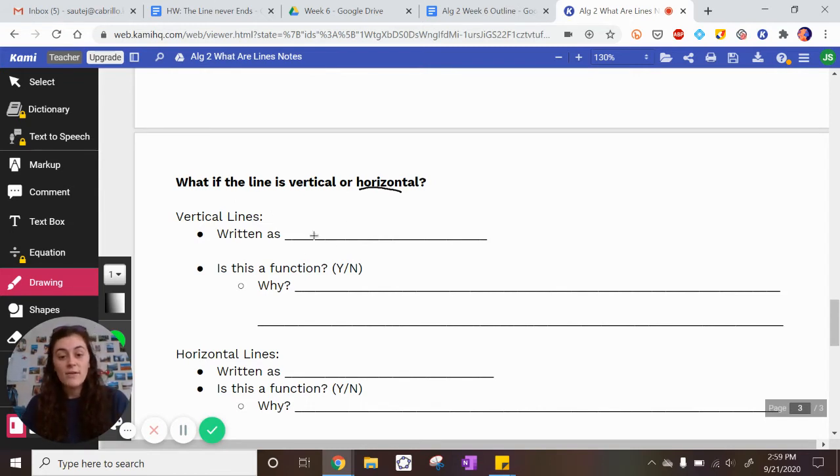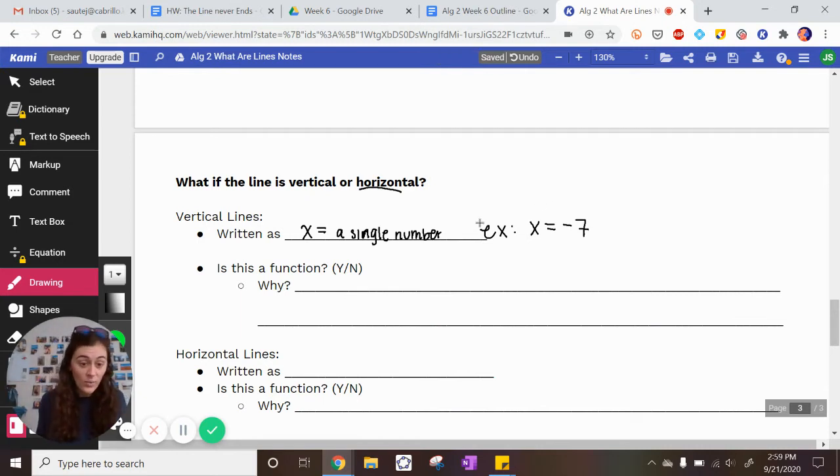The way you write a vertical line is x equals a single number. For example, you might have x equals -7. And that's the entire equation for your line.